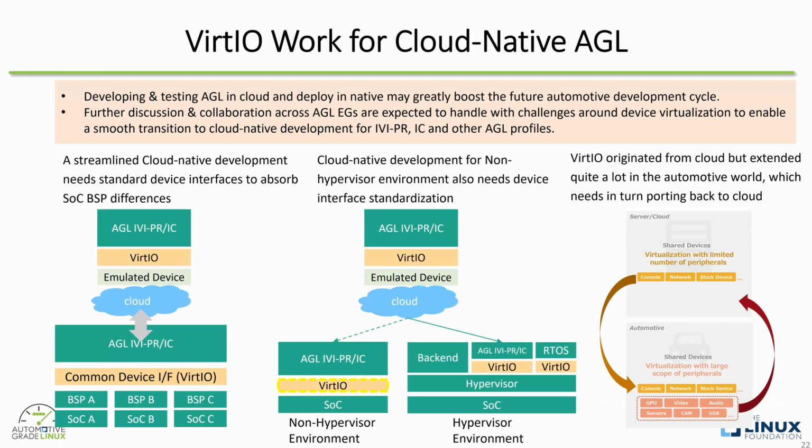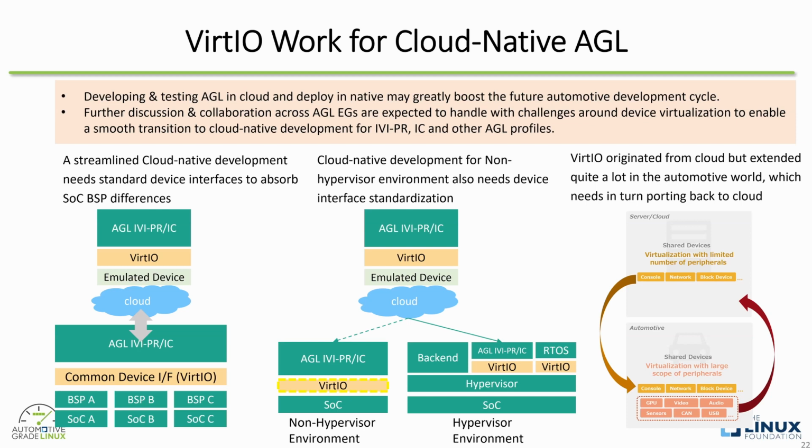Furthermore, we think developing and testing AGL in the cloud and deploying it natively will greatly boost the future automotive development cycle, and cloud native is really a critical path to achieve the software-defined vehicle. We do find there are some challenges around device virtualization for cloud native. For example, streamlined cloud native development needs a standard device interface to absorb the BSP differences. Also, cloud native development for the non-hypervisor environment needs this kind of device interface standardization.